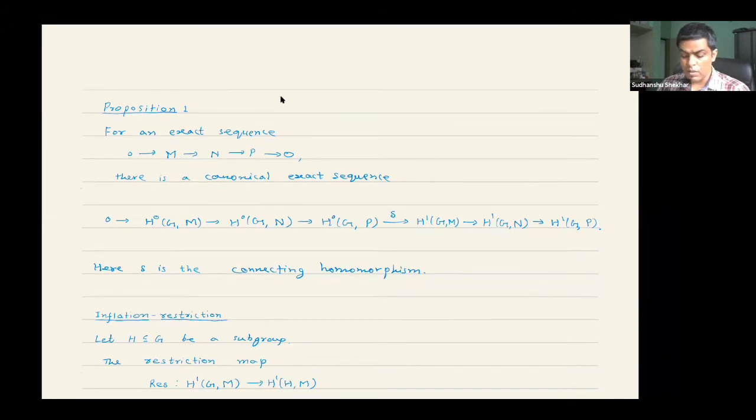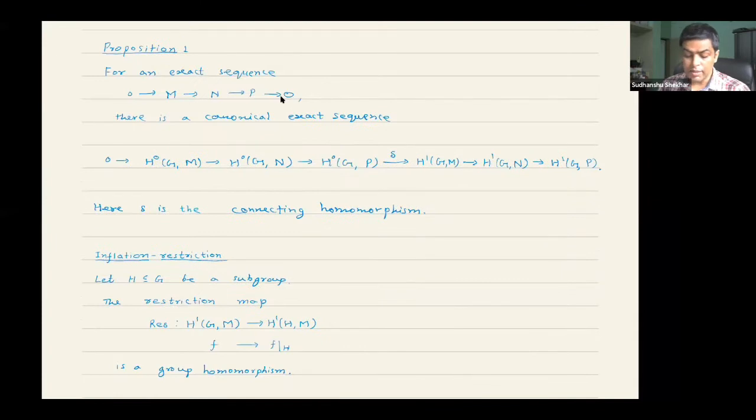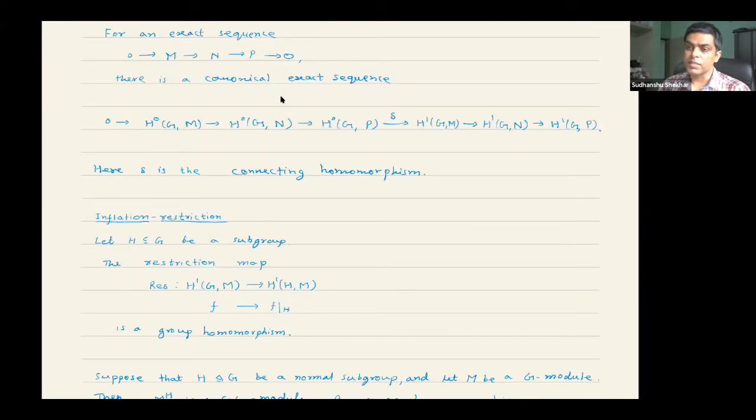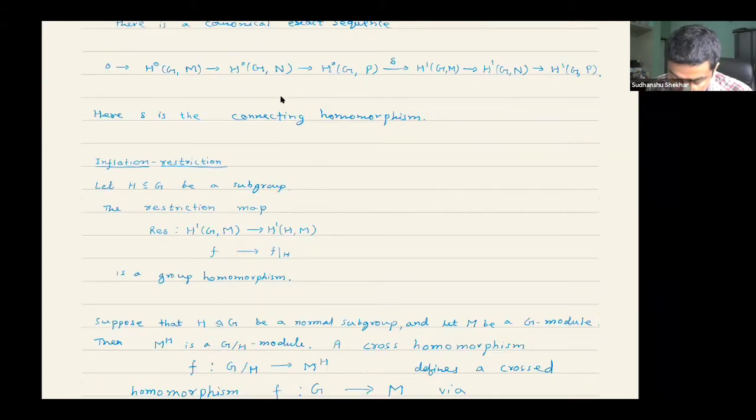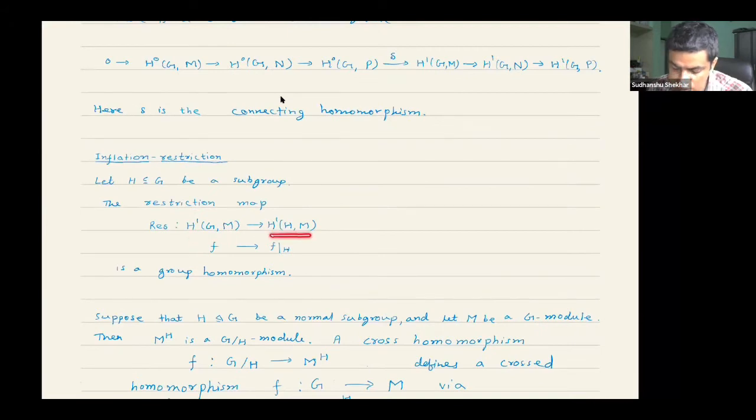Two more maps we need are called inflation and restriction homomorphisms. So what are they? Given a cross homomorphism from G to M, we can restrict it to H, and it immediately gives us a cross homomorphism from H to M. This is a group homomorphism, and it is called the restriction homomorphism.